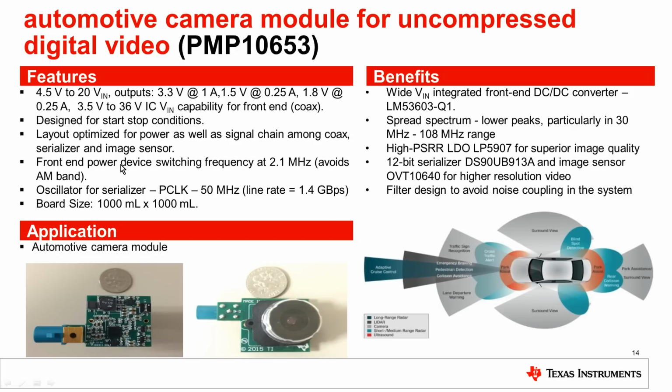The front-end DC-DC converter used in this particular design switches above the AM band at 2.1 megahertz. The most important point of this design is to present a solution in as small a size as possible. So this design was designed in 1 inch by 1 inch board space, and all the parts used in this design are automotive qualified too.